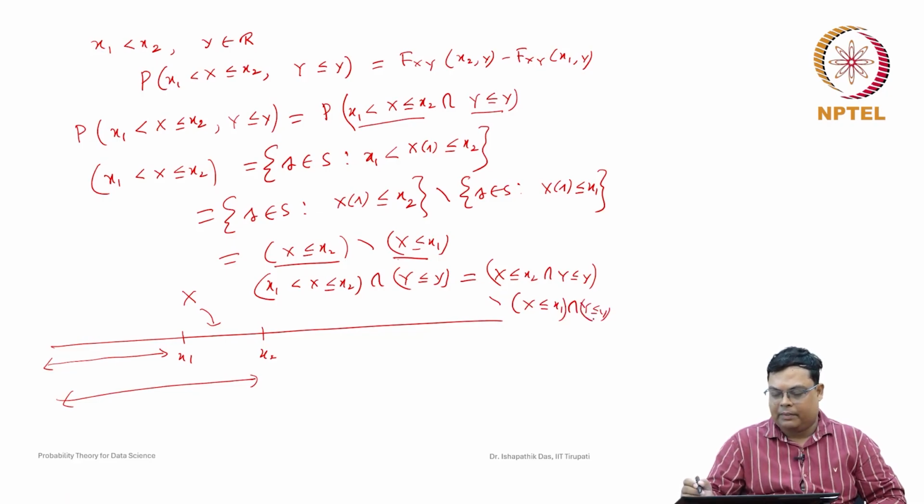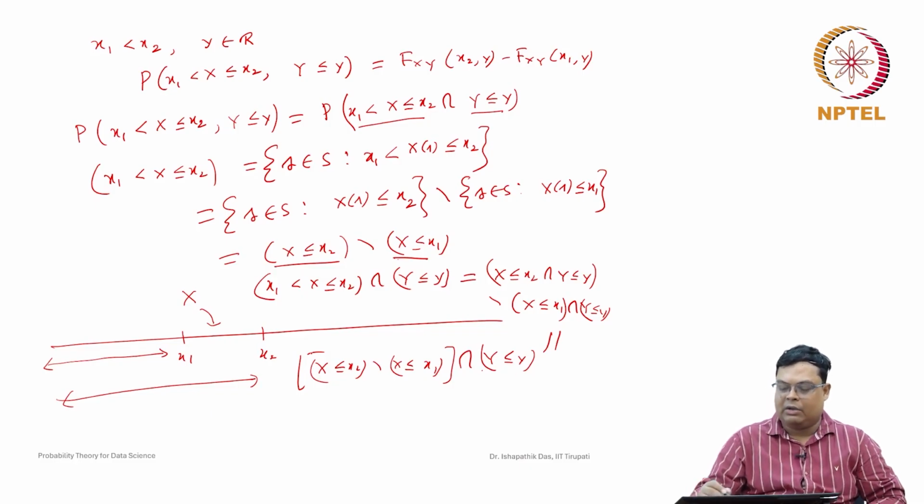That is how we can show it. Using the distributive property you can also show it, because this can be represented as X less than or equal to x2 minus X less than or equal to x1, intersected with Y less than or equal to y, and then by distribution it is X less than or equal to x2 intersection Y less than or equal to y, minus X less than or equal to x1 intersection Y less than or equal to y.